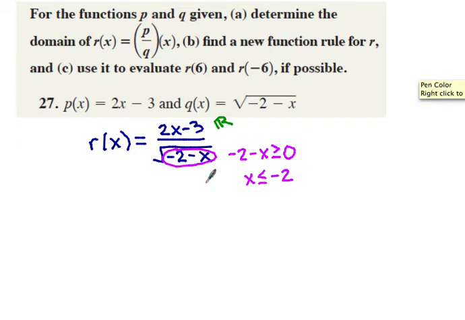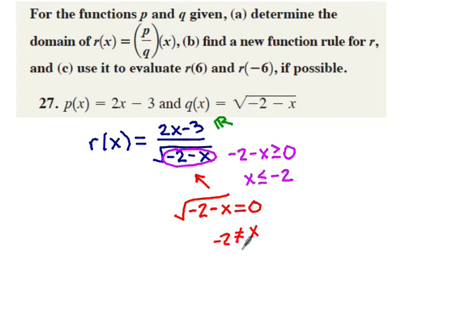The overlapping region then is x less than or equal to negative 2. But in addition, I want to make sure that I'm not dividing by 0. So I know this square root of negative 2 minus x cannot equal 0 either. And so in this case, we see that x cannot equal negative 2. And so that adds to this domain where I'm not going to actually even be equal to.